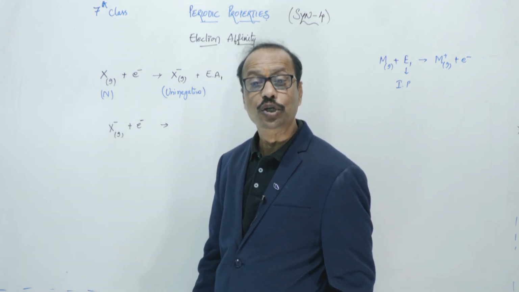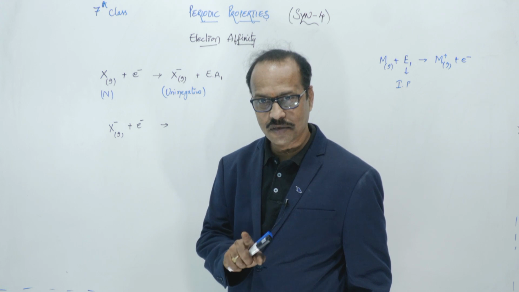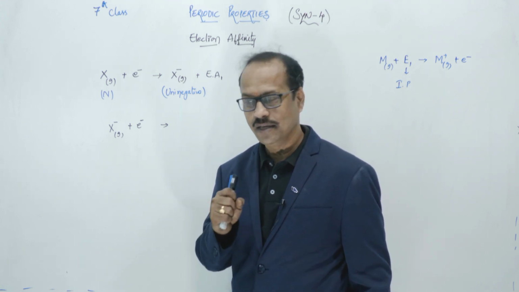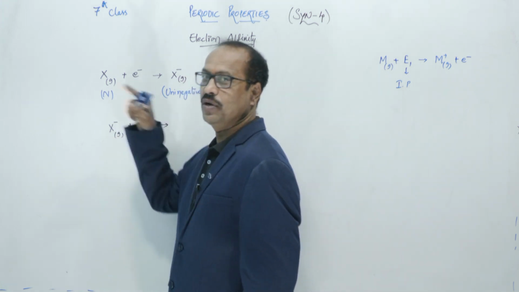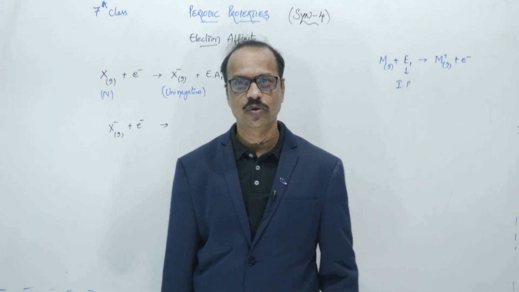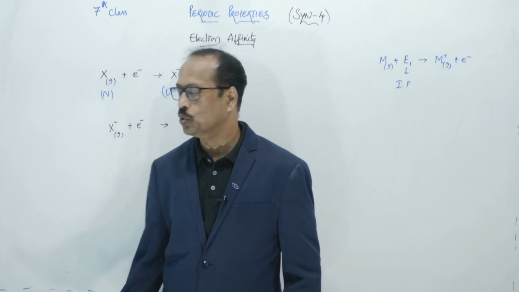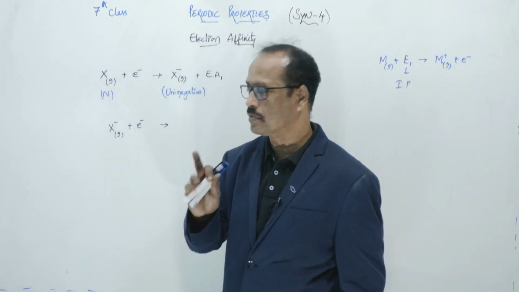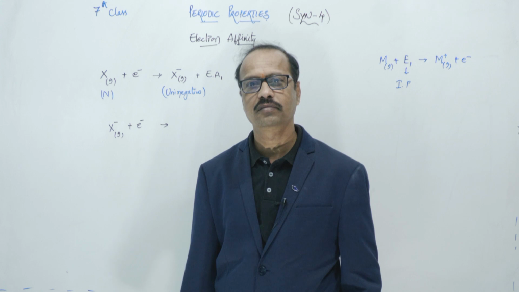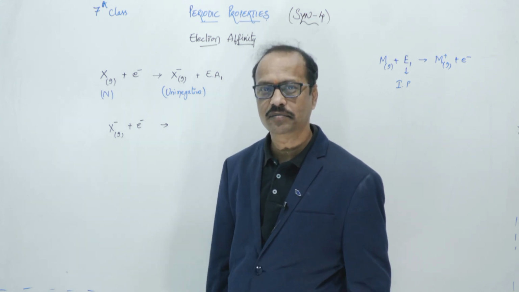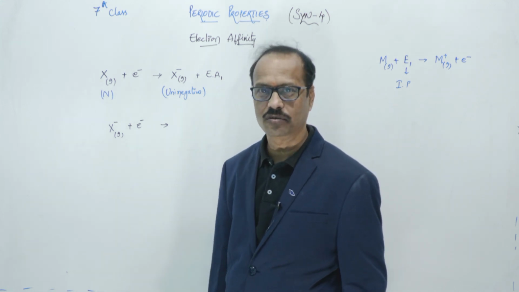Negative charge. You know that like charges repel, unlike charges attract. So here it is negative charge, and again I would like to add a negatively charged particle. Then what happens? Negative repels. So it does not accept to take that electron.